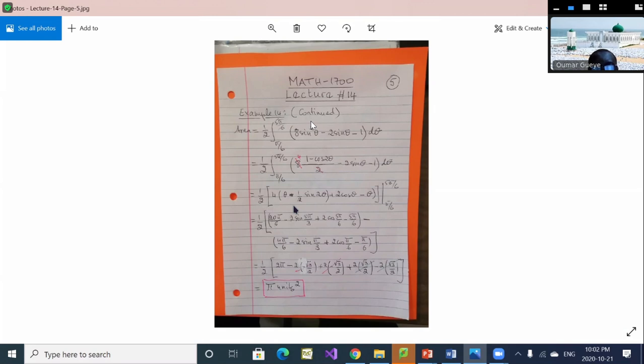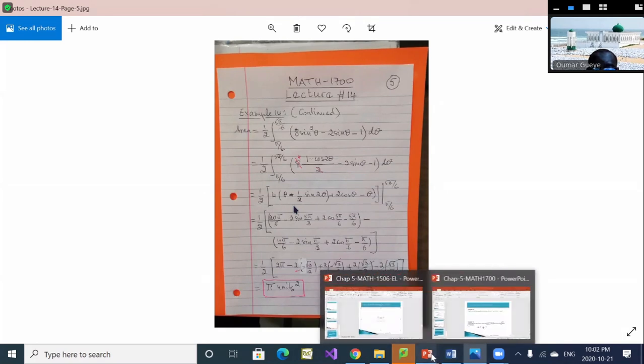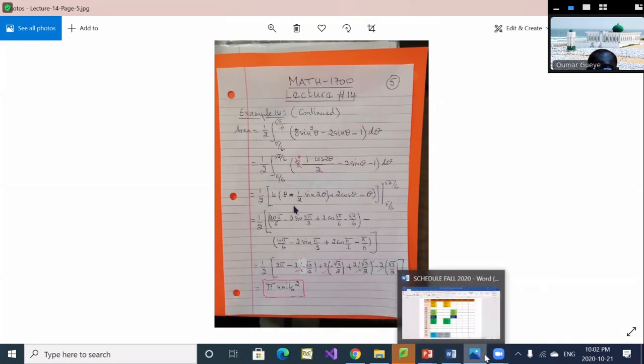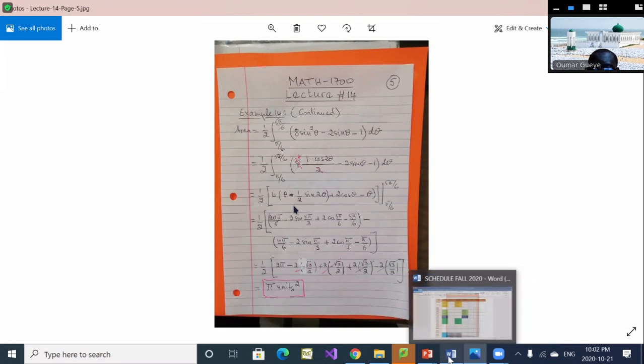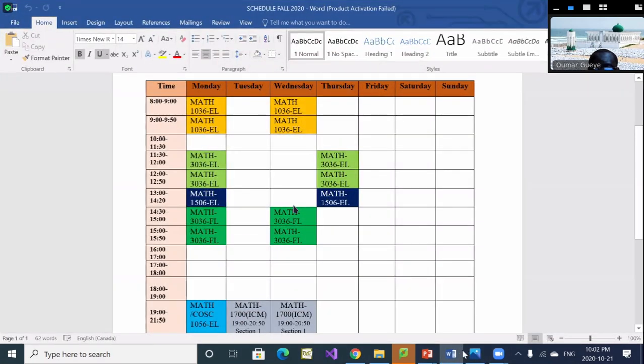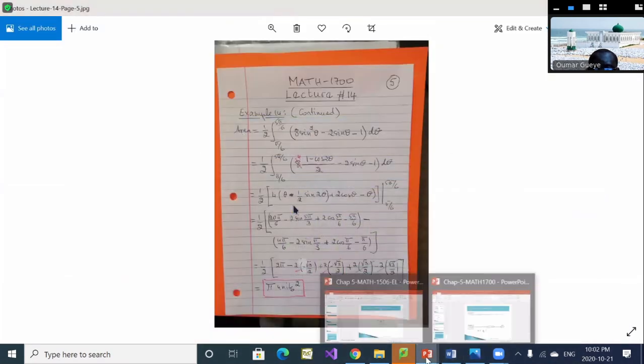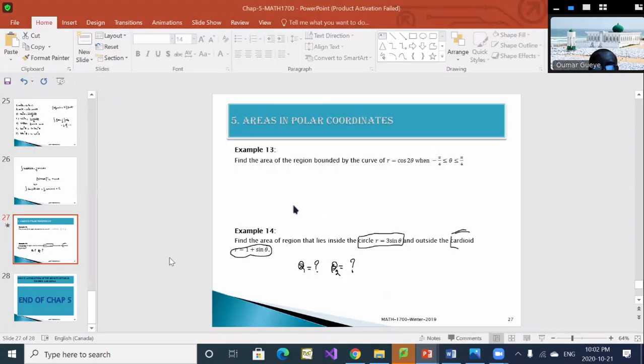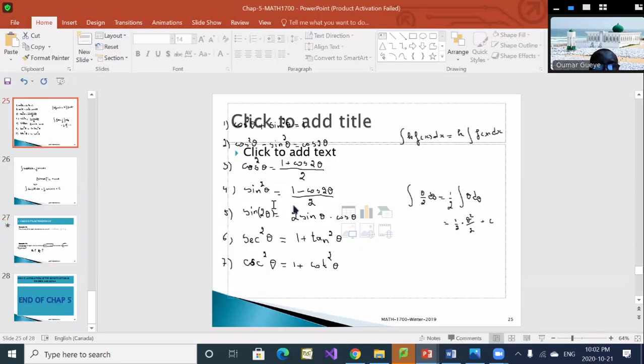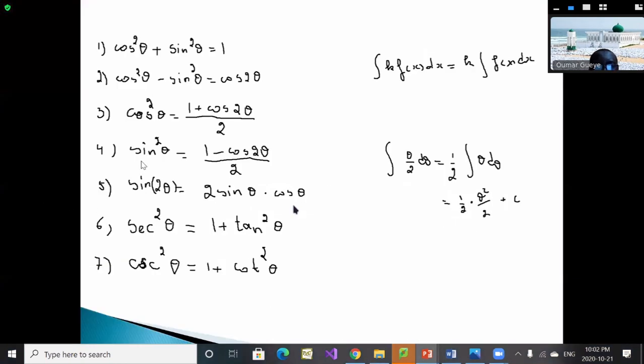And here I'm going to use one of the forms that I gave you before in order to simplify my integral. So here I'm going to use number 4 because I have sine squared, and because of the square, I don't know the antiderivative.